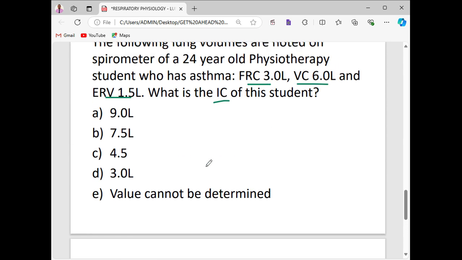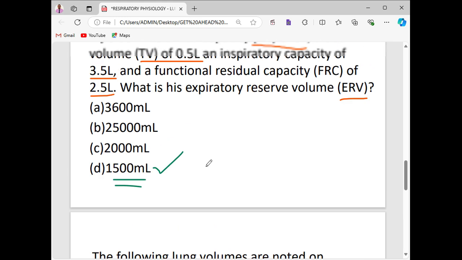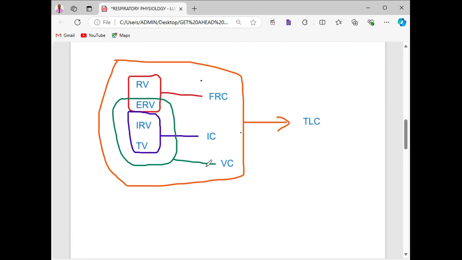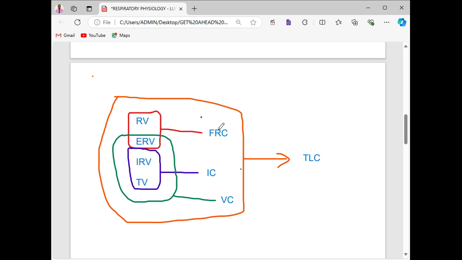Now let's go back to this. We want to find IC, right? Remember, we've been given FRC here, and we also have VC, then we have IC. So they want us to find IC.